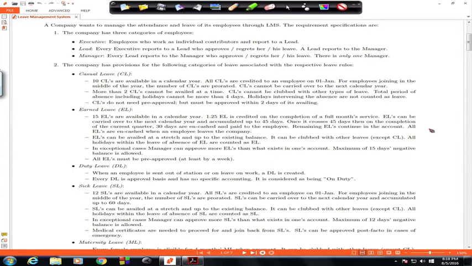Whereas we could look into some of the other verbs like clubbed. We can see that here in CL, here in EL, here in SL and so on.